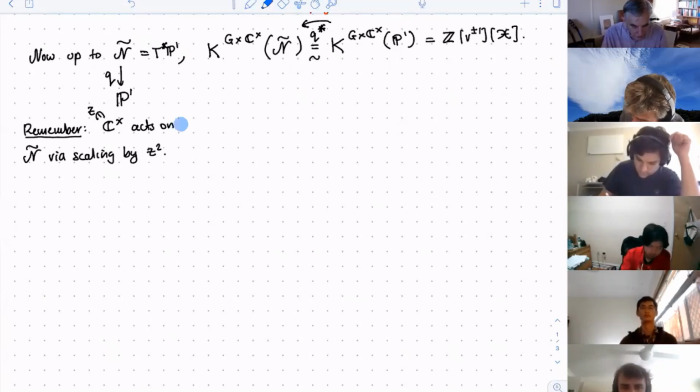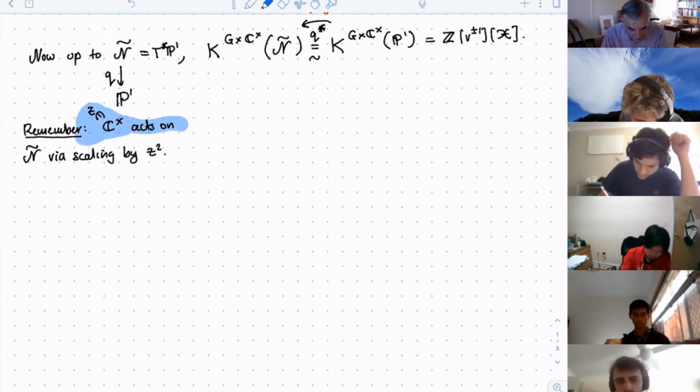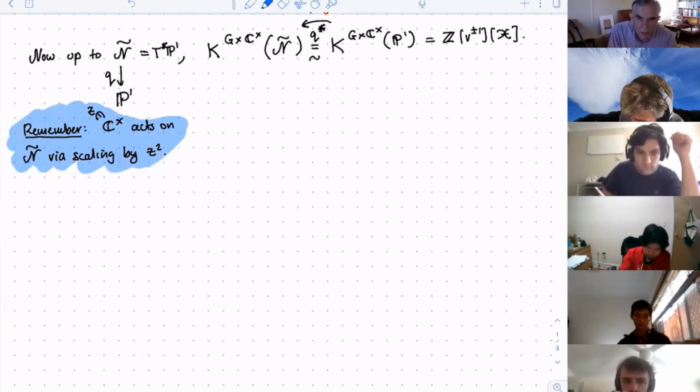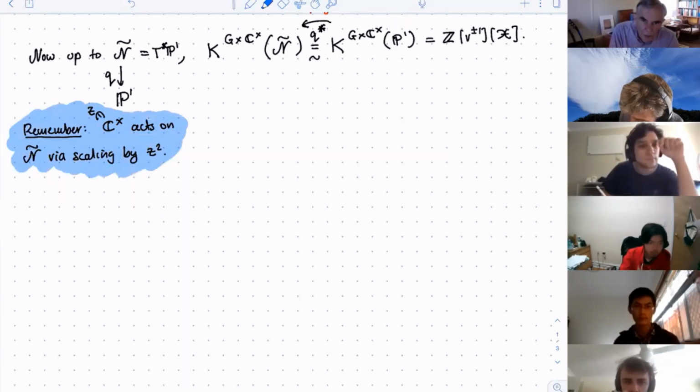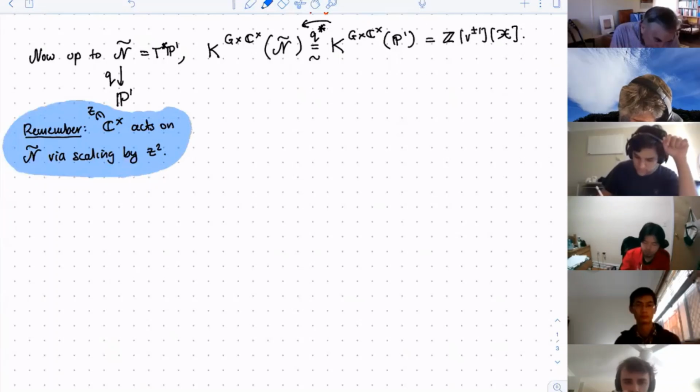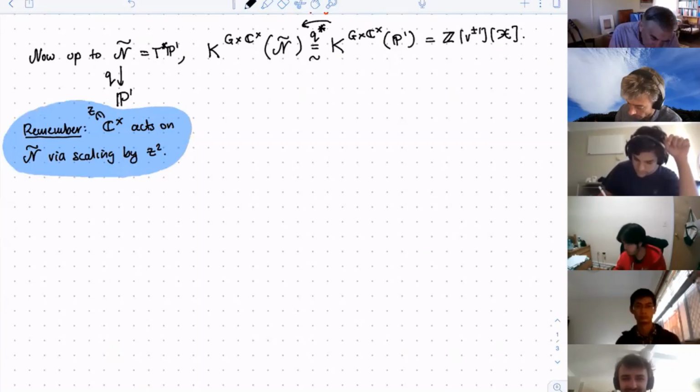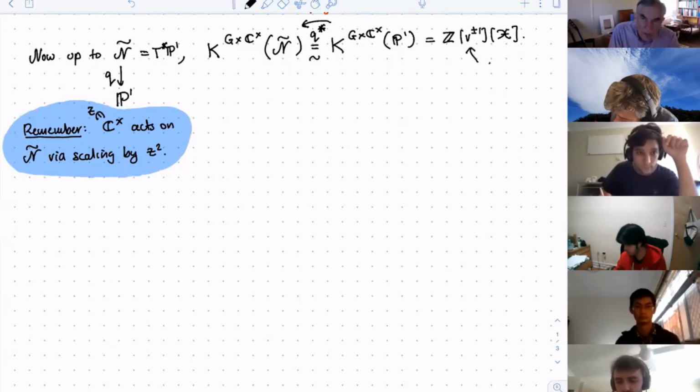So last time I said this acts by scaling by some power of Z, and then I forgot to check which power of Z I needed for later on. So now this is the, I'm sure you couldn't bear the anticipation. Okay. So it just acts by scaling the fibers by a power of Z. And this V parameter here corresponds to the C star action.